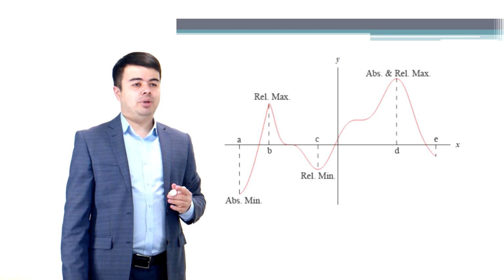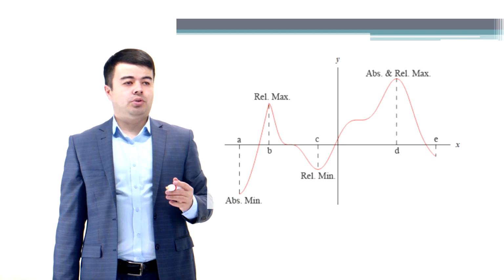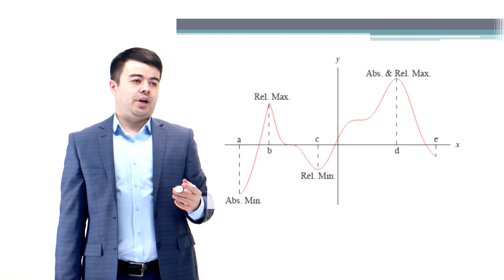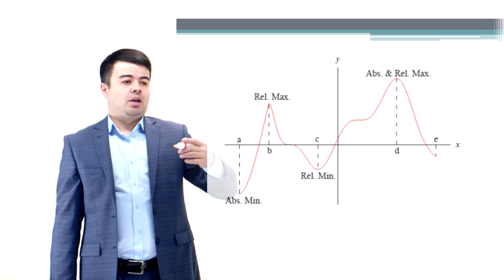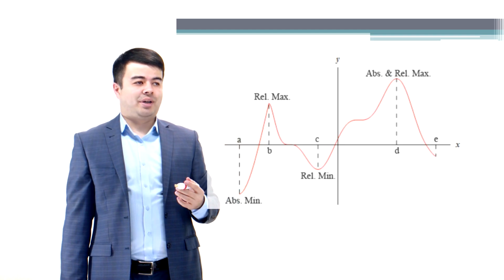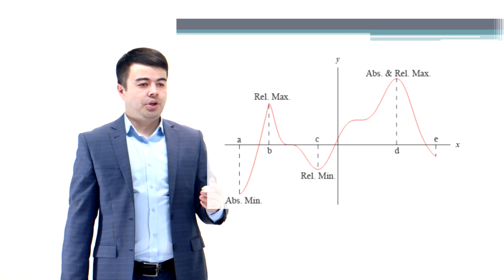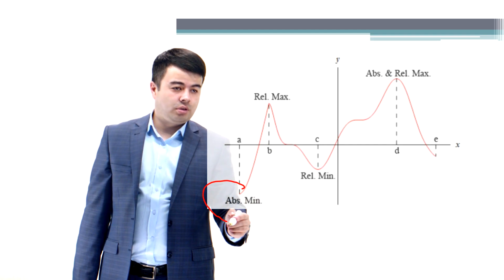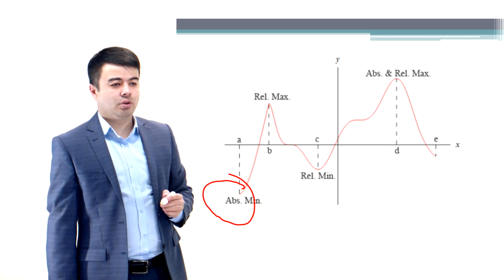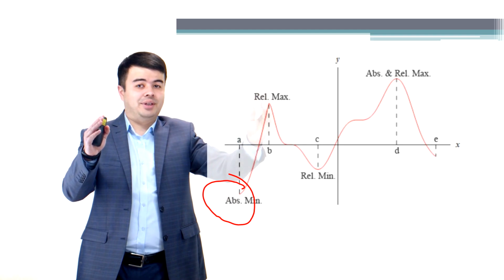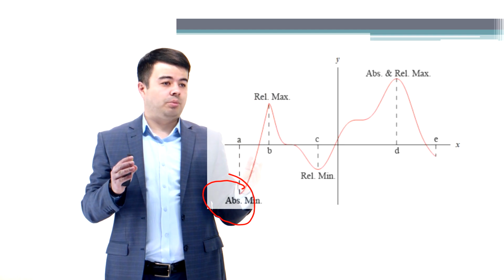Okay, here one example. As you can see here, we have the given function, the graph of the function, and we need to find the absolute minima, relative minima, relative maximum and absolute maximum, for example. So here you can see this point is absolute minimum. Why? Because it's the least one you can see in this graph, in this given domain.